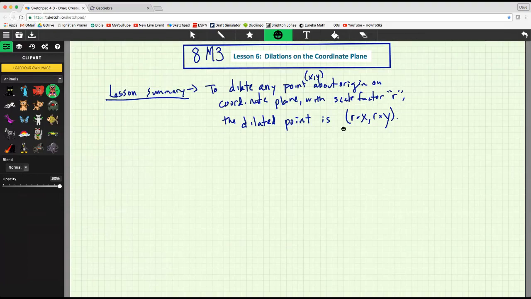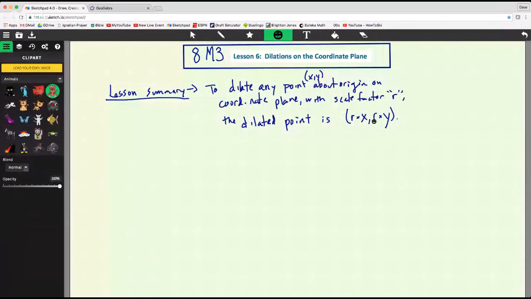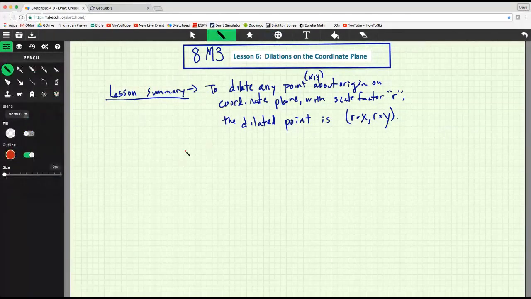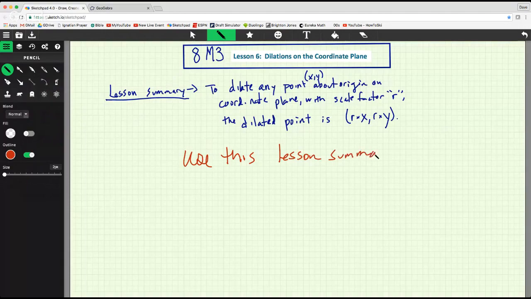The dilated point is r times x, comma r times y. So let's use this lesson summary for homework help.